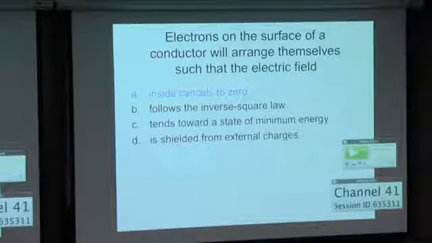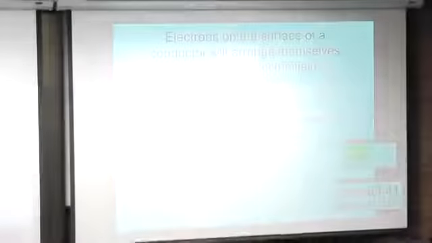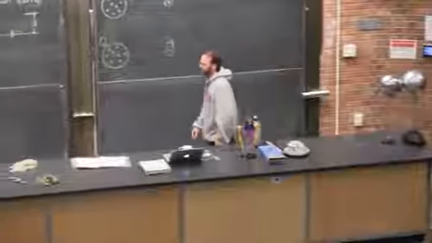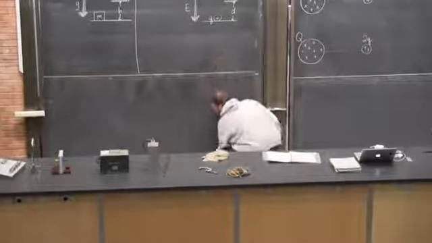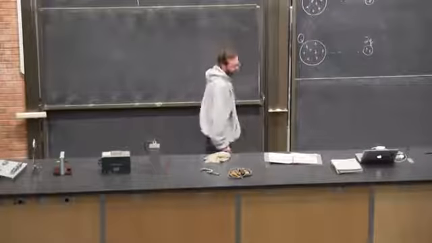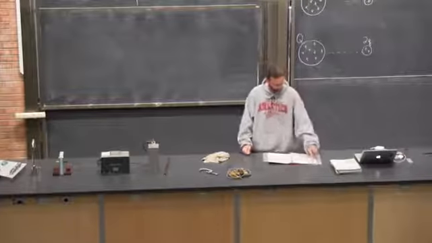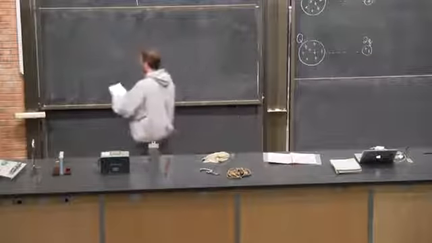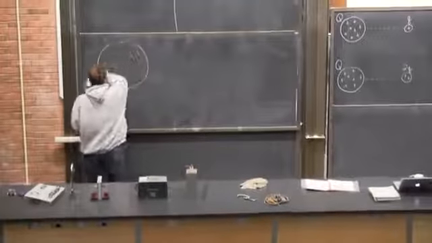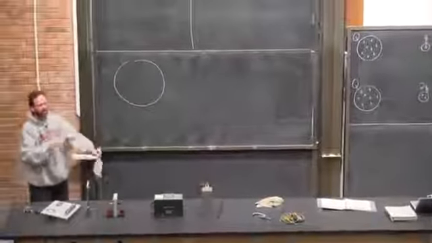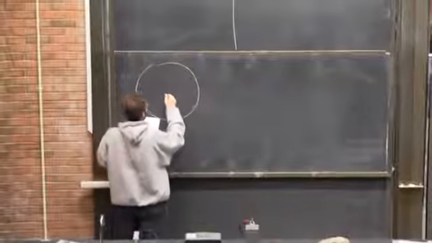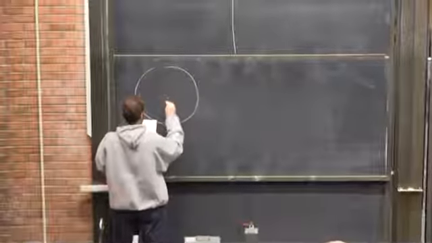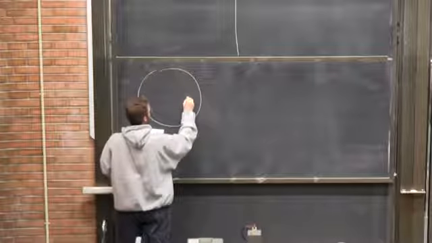That was the last one. So, let me draw a picture. Here's a big metal conductor like our metal cage, and let's say this is the center, but let's put a point over here.